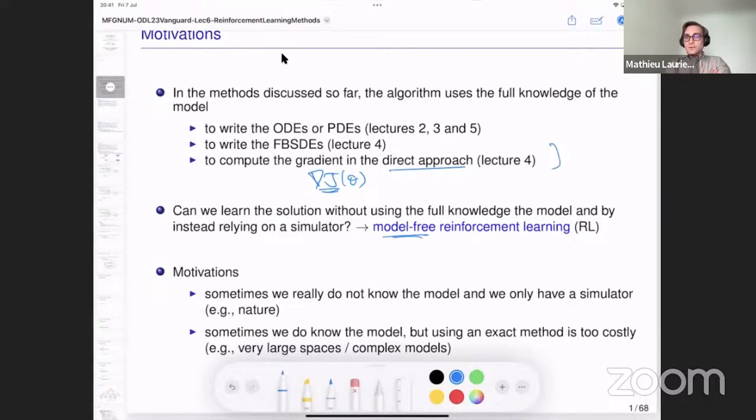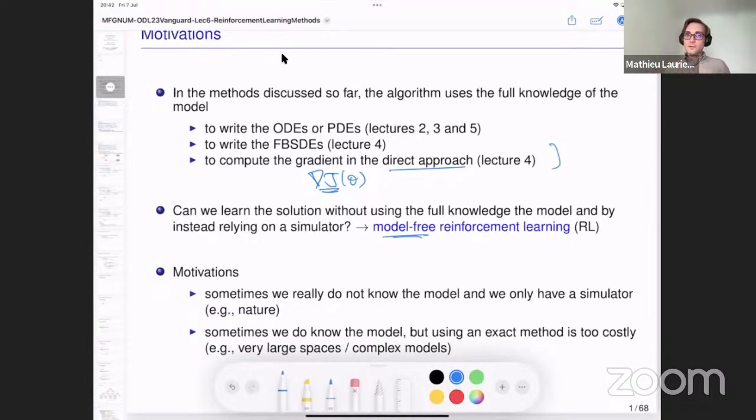This is connected to a question Abdu asked at the end of the last lecture, the connection with finite population games. My remark was, maybe FBSDEs make more sense than the PDE because at least they solve along the trajectories that really matter. Ideally, they train the neural network on trajectories that really matter.